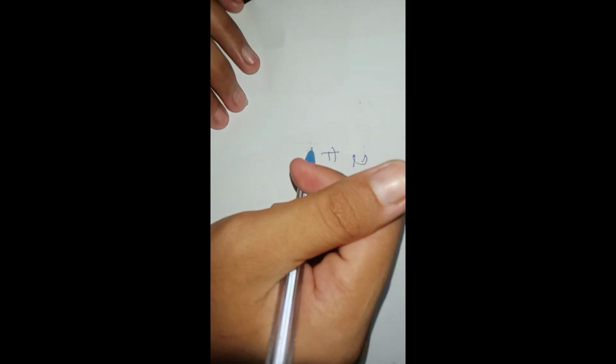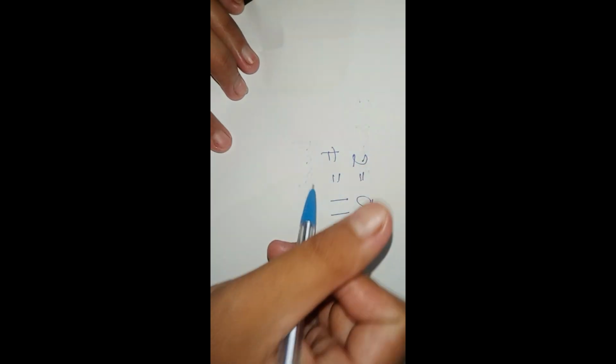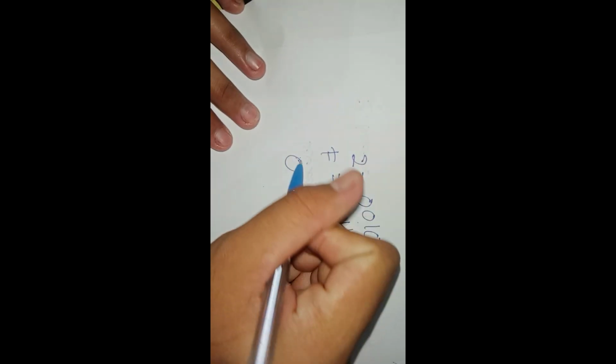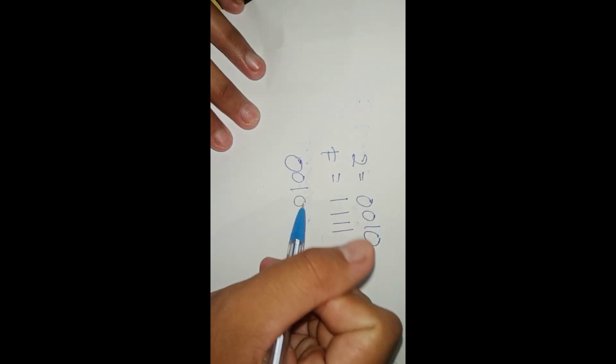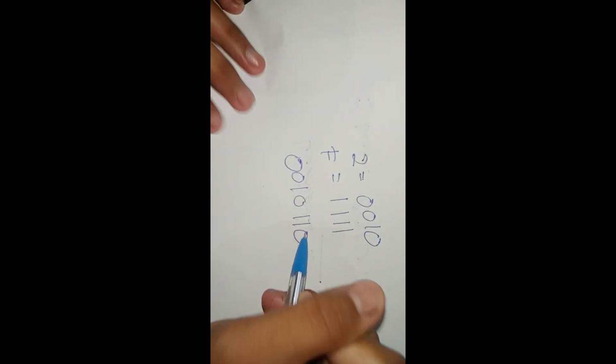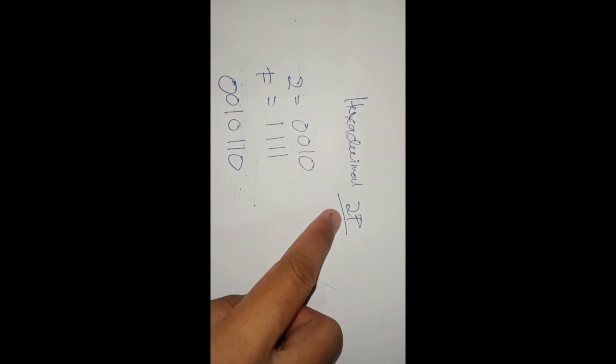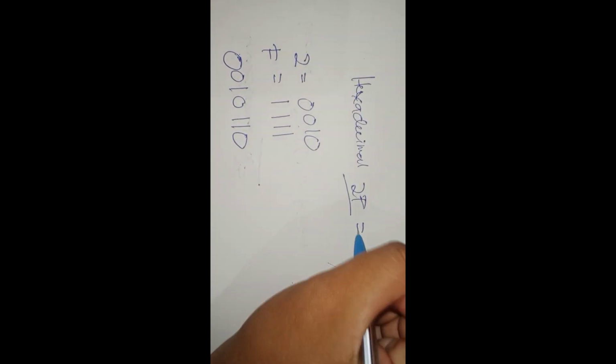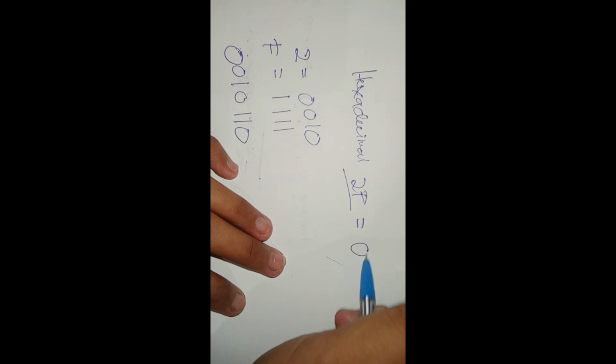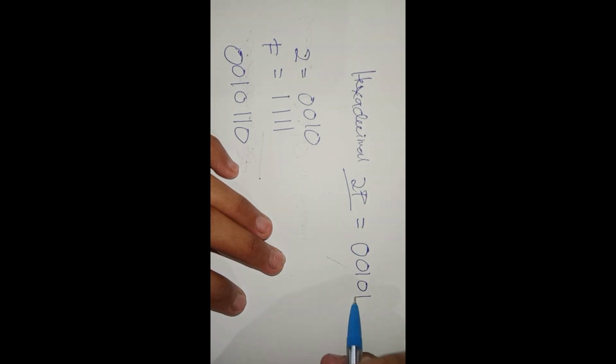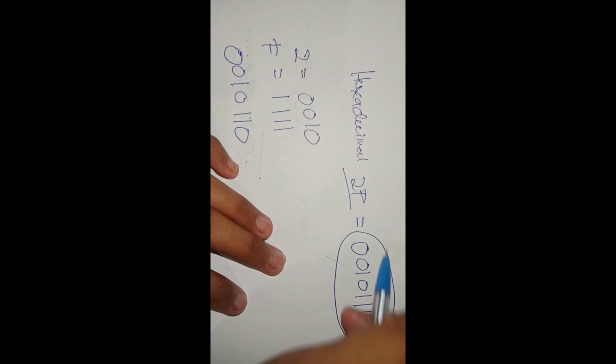Then, put them together to get 00101111. So, the hexadecimal 2F equals binary 00101111. This is the answer.